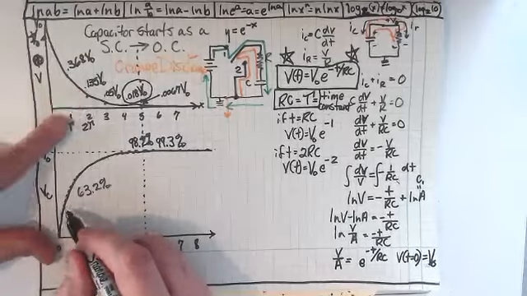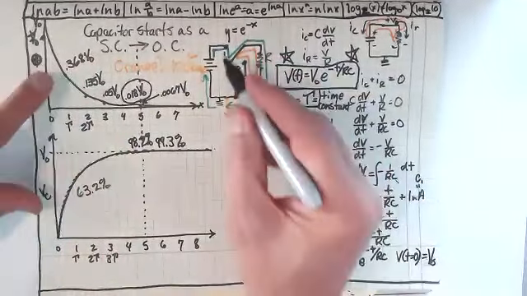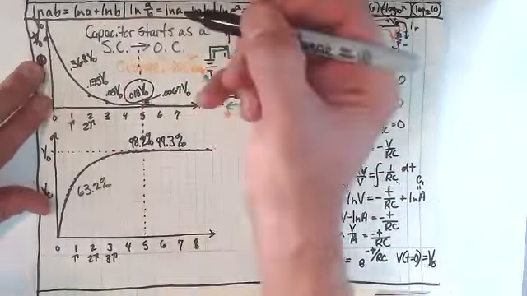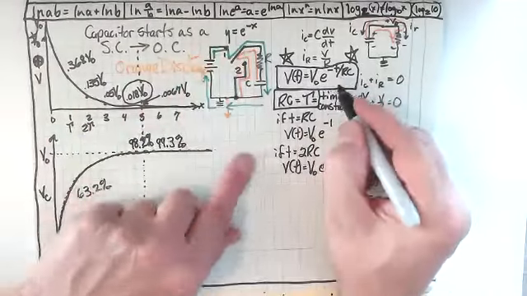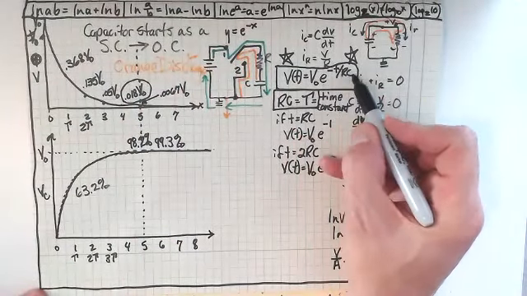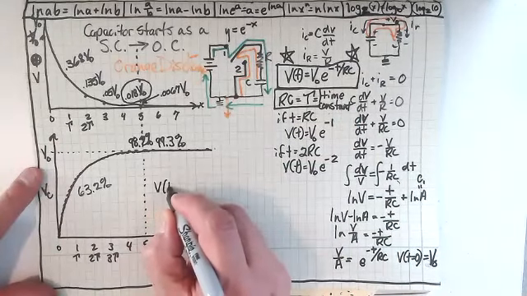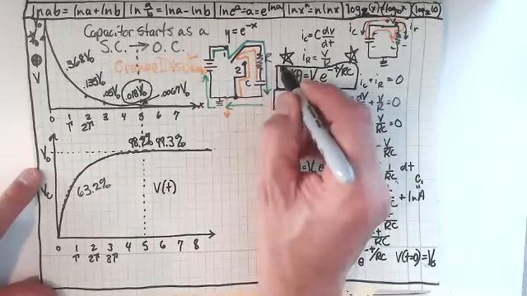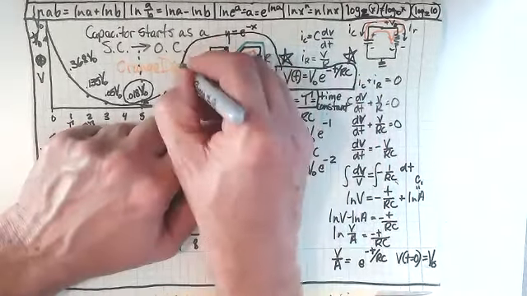Now, what is this equation right here? We know that this equation is y equals e to the minus x, or as we wrote down here, v of t equals v0 e to the minus t over RC. Down here, we're going to say that v of t, and I better make a line so that everybody knows that this is referring to this equation and chart up here.